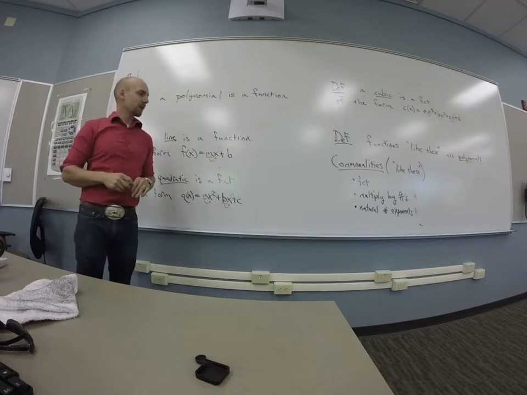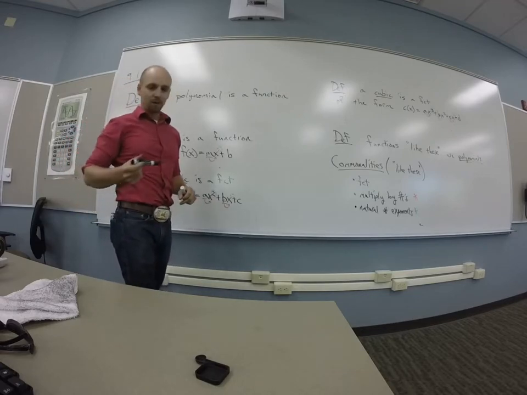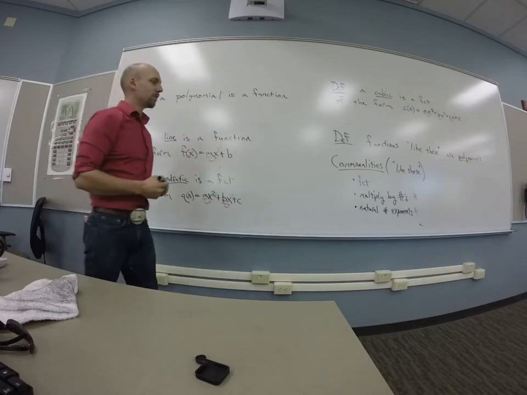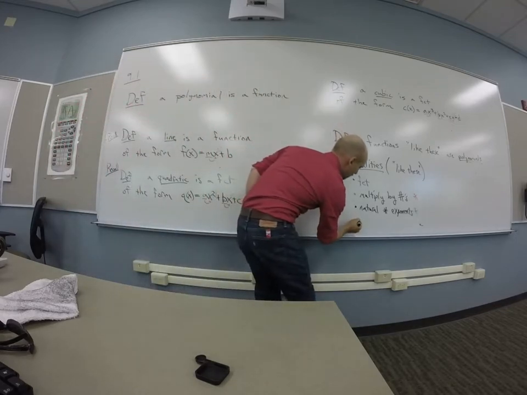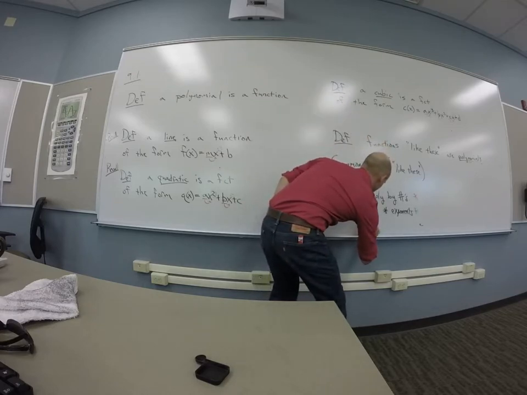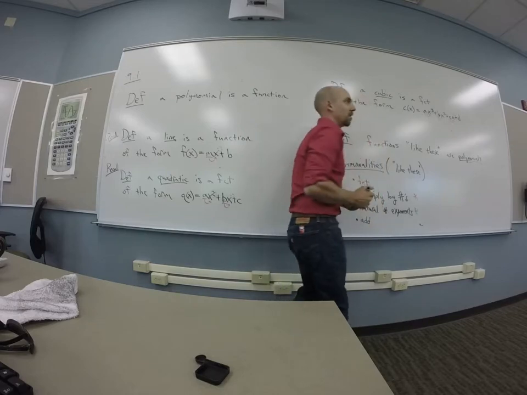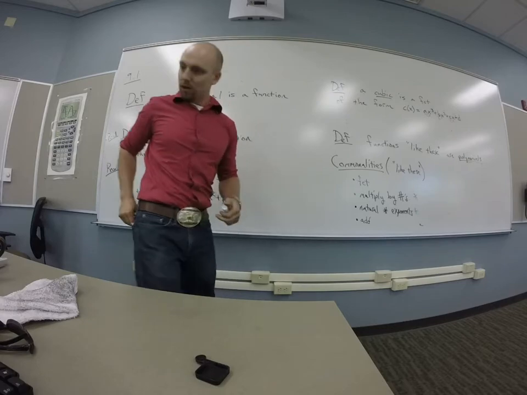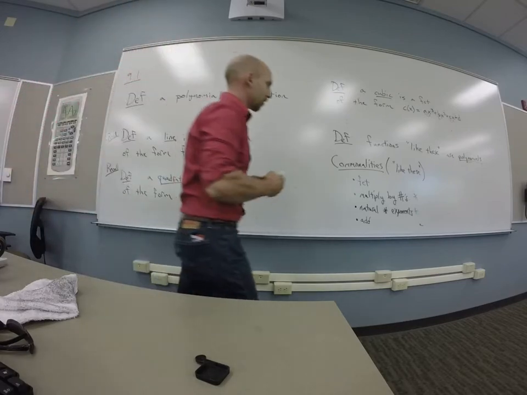Then what else am I doing? There's only one other operation here, right? I have multiplication, I have natural number exponents, and addition? Yeah, and addition. And I don't have another color. Maybe this dark red will be different enough.